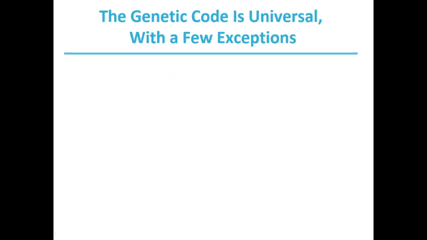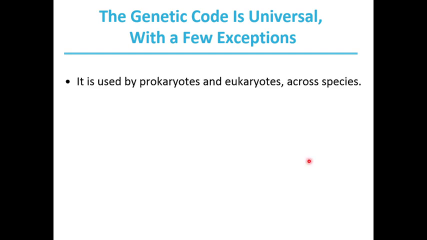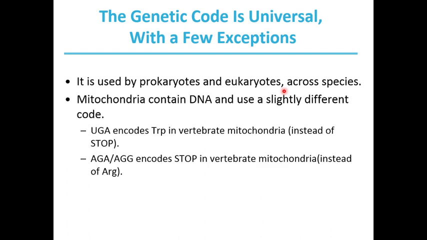The genetic code is universal, but it has some exceptions. It is used by prokaryotes and eukaryotes across species. Mitochondria contain DNA and use a slightly different code. UGA, which is usually a stop codon, encodes tryptophan in vertebrate mitochondria instead of stop.